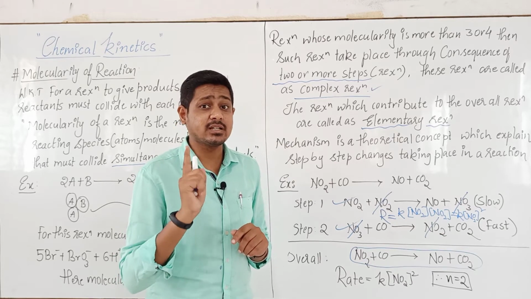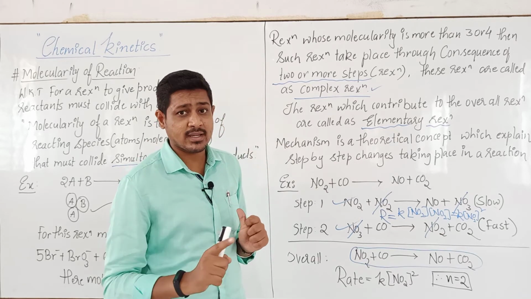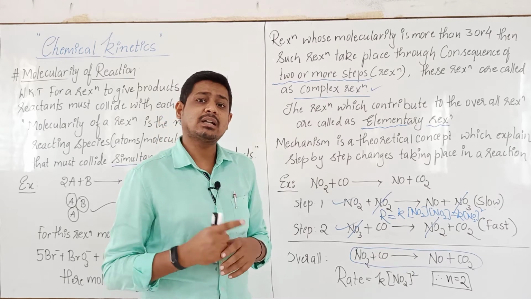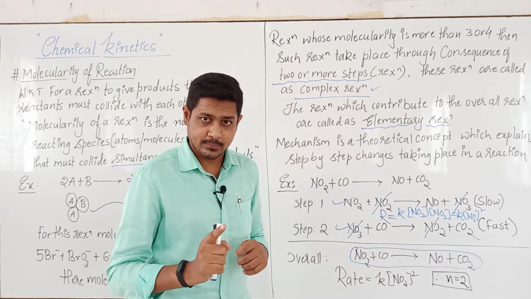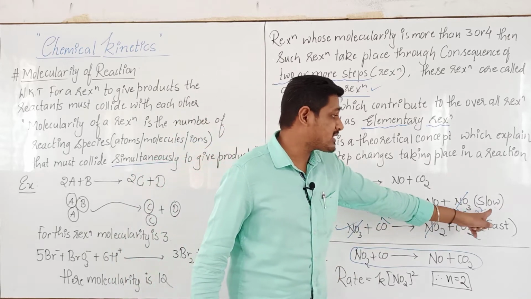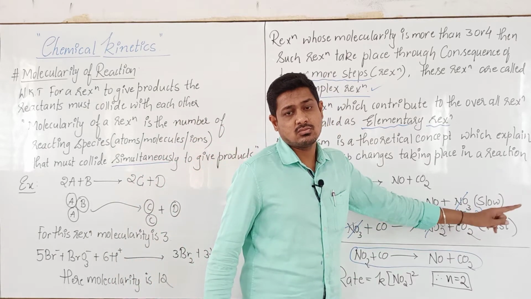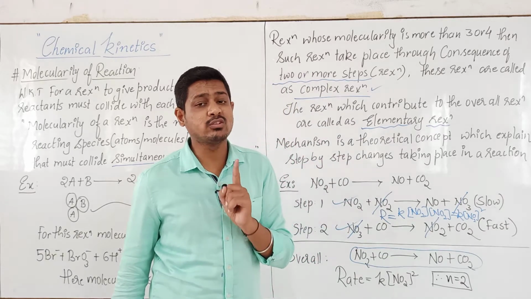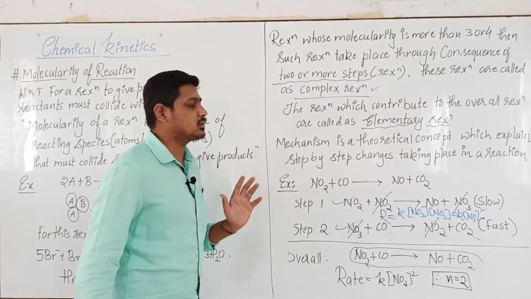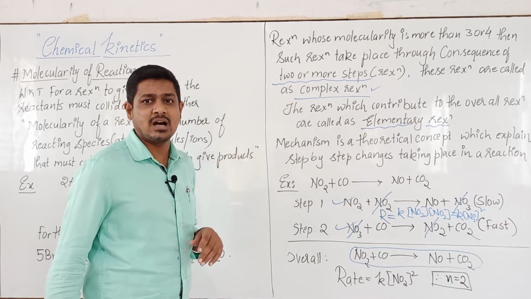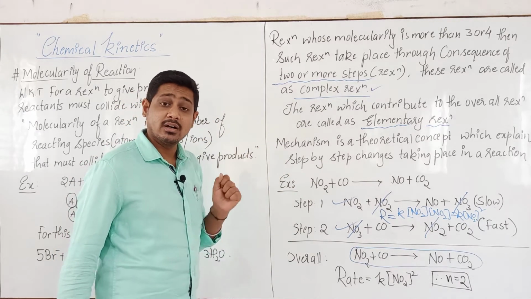Remember this, in competitive examinations it is asked that in a complex reaction, the rate of the reaction depends on what? It is the slowest elementary reaction. Remember this. Don't forget. We shall take another 2 or 3 examples, then you will get a clear idea regarding this.